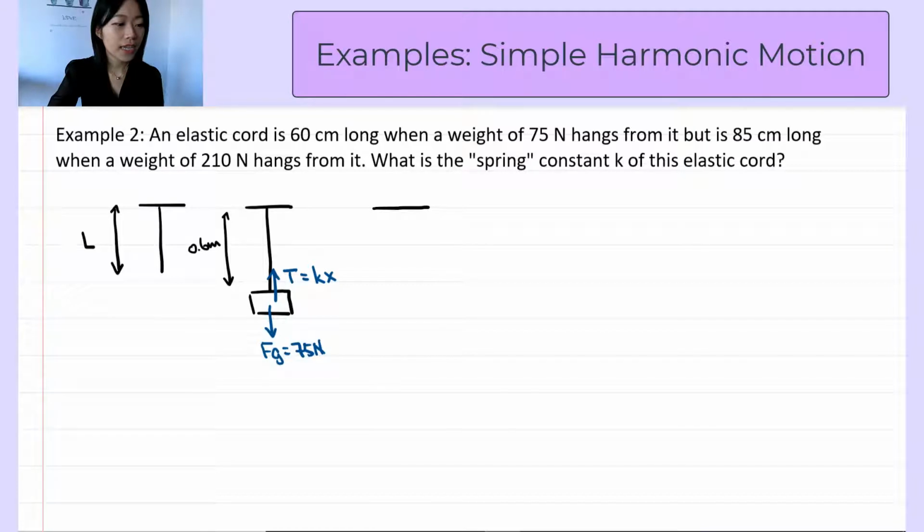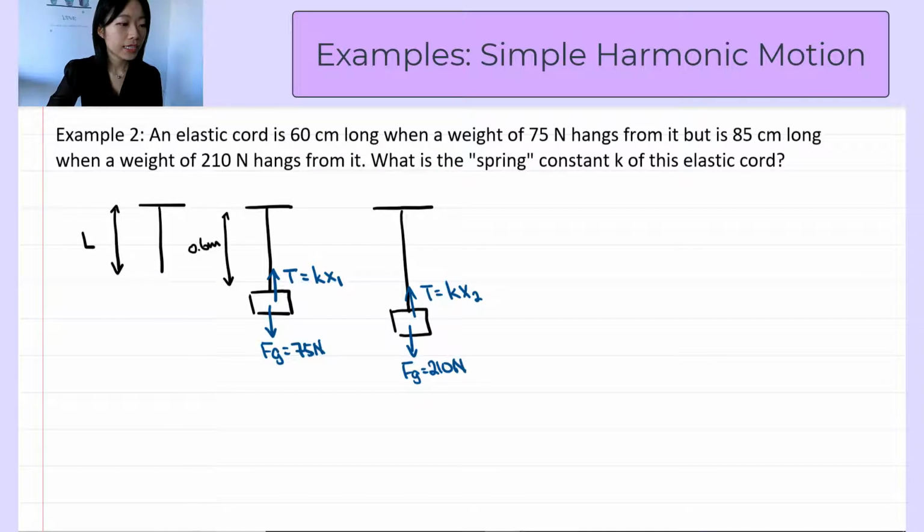And the second case is when a weight of 210 newtons hangs from it. Now the gravity force is 210, and the tension is K times X. Let's call it X2. In the first case, let's call it X1.